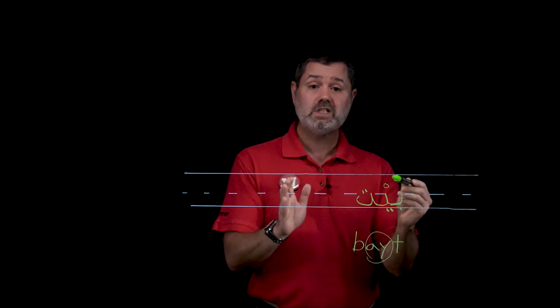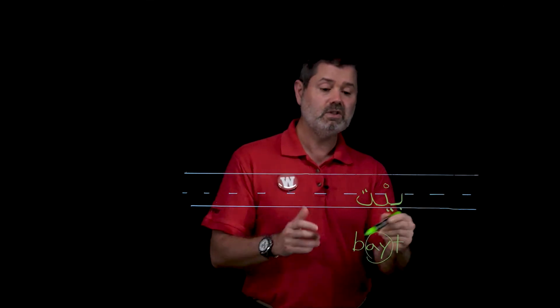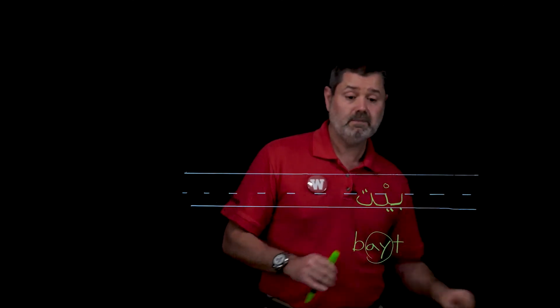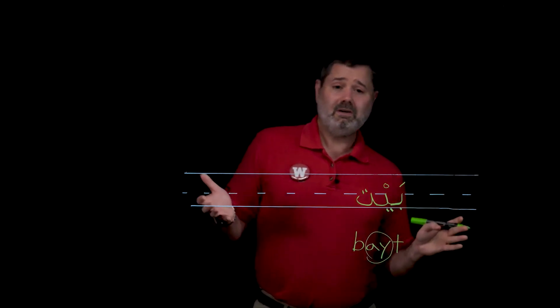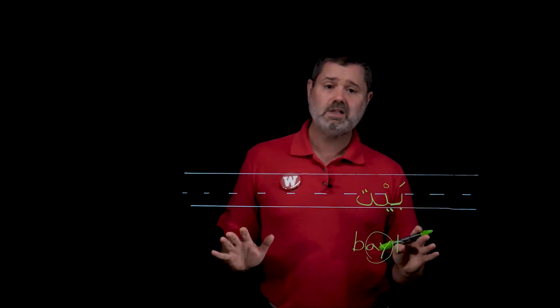So sometimes, if you just see that, that is a hint telling you that this is a diphthong. But this is what the whole thing looks like. So hopefully this makes logical sense.